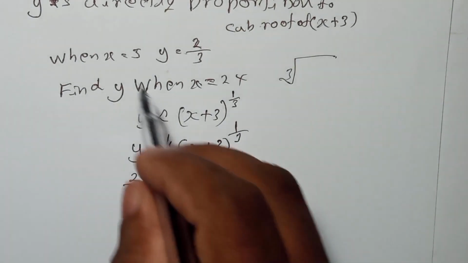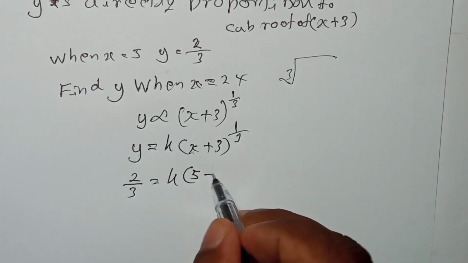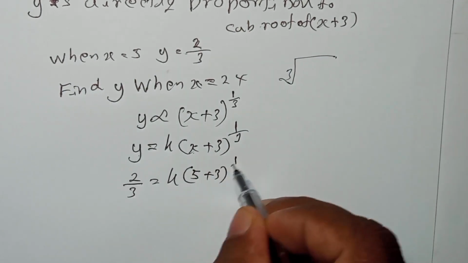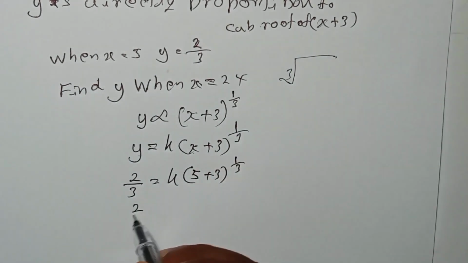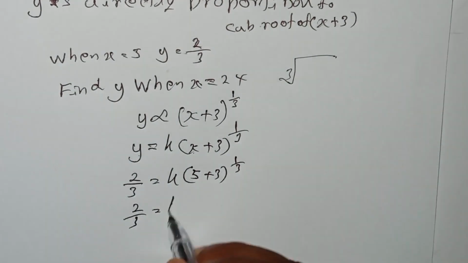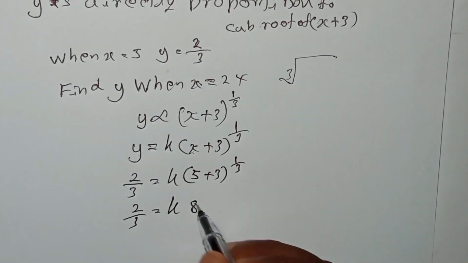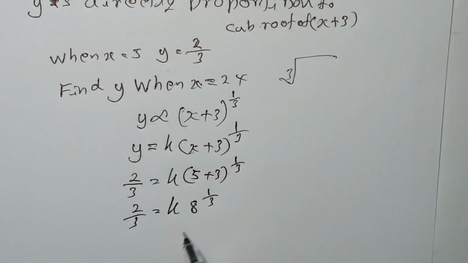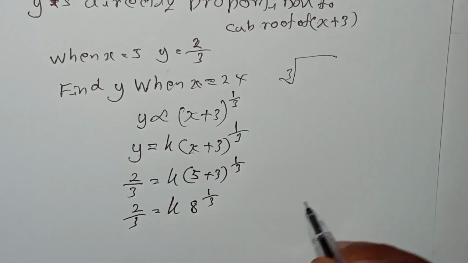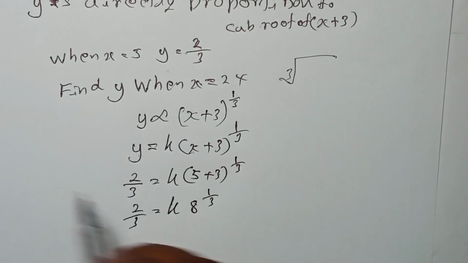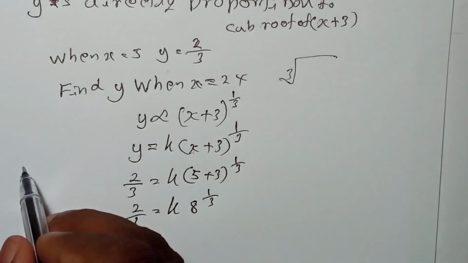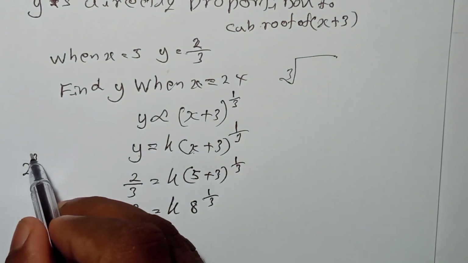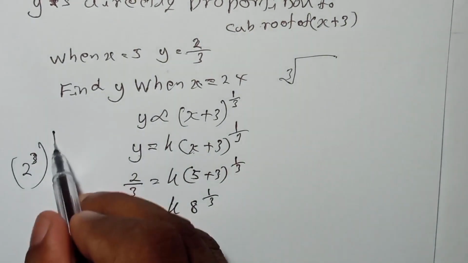Okay, now x is 5, so here 5 plus 3, to the power 1 over 3, and here 2 over 3 equals k, and here it will be 8, right? 5 plus 3 is 8, no? Then to the power 1 over 3. The answer is 2 actually, but if you need I will show you roughly. 8 means you can write 2 to the power 3, and then to the power 1 over 3.